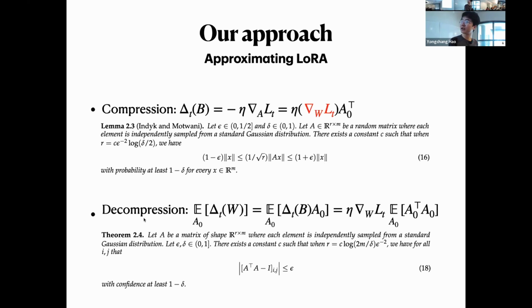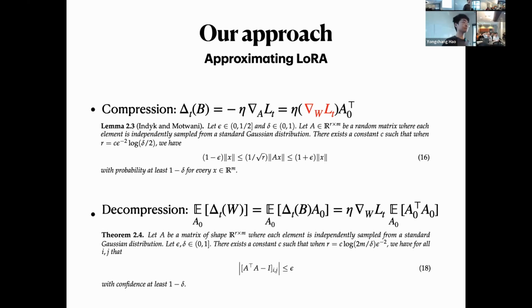And in the paper, we also show that for this matrix, you will have very high confidence that the element-wise difference between this matrix and the identity matrix is smaller than epsilon, as long as your down projected dimension is higher than C log 2m, with some constant there. So it means that the down projected dimension only grows with the log of m, where m is the dimension of the original matrix.